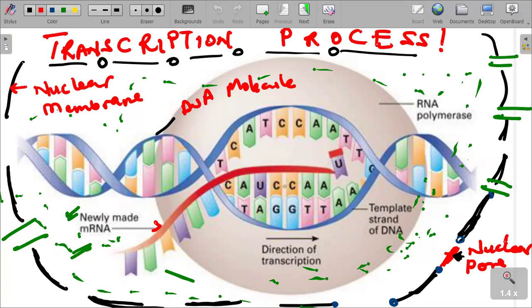So it is your responsibility to remember that when mRNA is formed, we no longer have T, but we have U, which is the reason why you see this U there. We have also that U here. It identifies that this is an RNA molecule that is being formed.